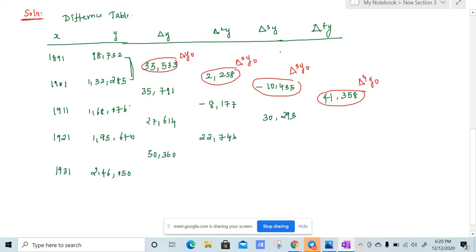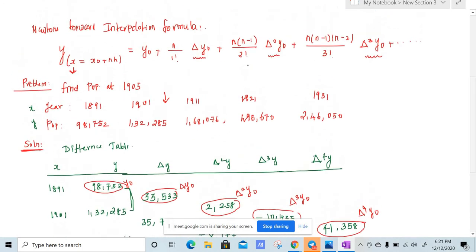So we don't care about this, because in the formula we only need y naught, del y naught, del square y naught, del cube y naught, and del power 4 y naught. We can also add del power 4, because del power 4 also we are getting a value.